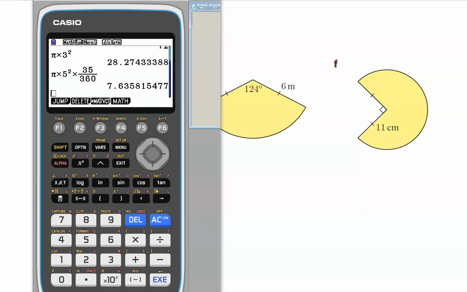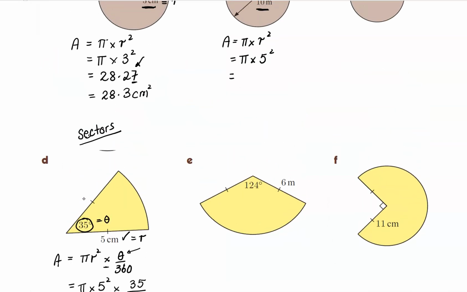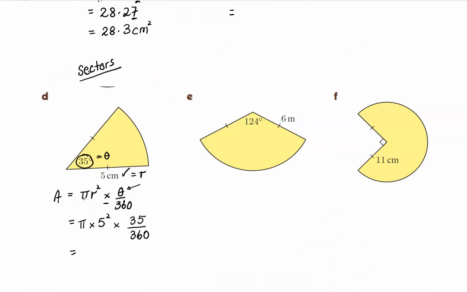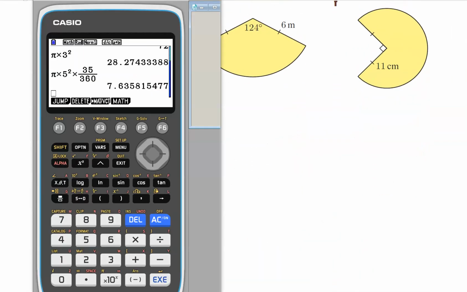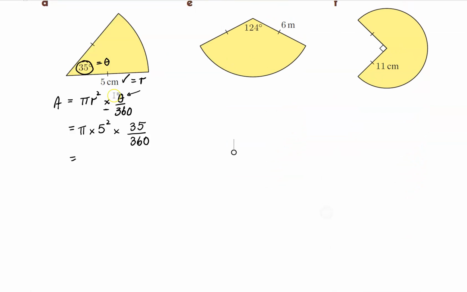Let's just check how many decimal places we want. Again it says 1, so 7.63, but it said I only want 1 decimal place, so I'm looking at the second decimal, and because it's less than 5, I leave it as 7.6 centimeters, and don't forget the squared. You don't need to write this bit, I'm just doing that to show you. Okay?